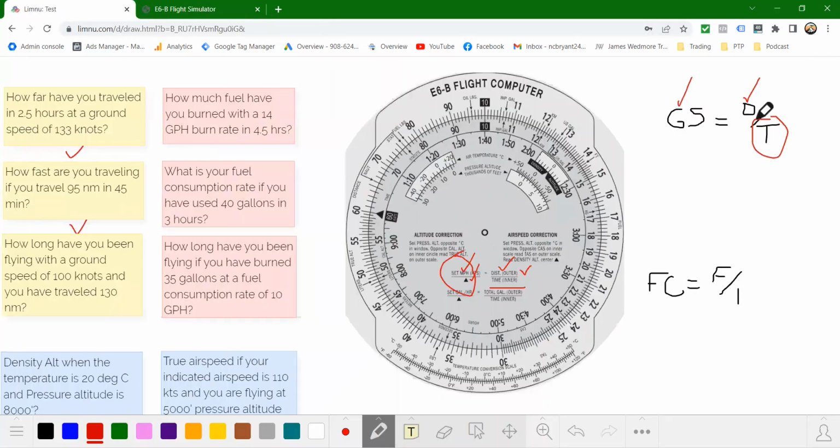Well, again, we can come here and we know ground speed, we know distance, we need to know time. You can rearrange this equation to say time equals distance over ground speed. And so distance is 130 divided by 100. That's 1.3 hours, 79 minutes.